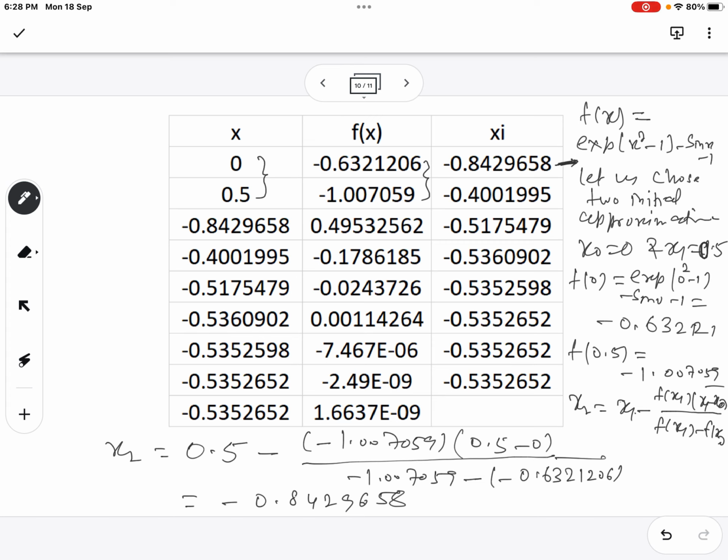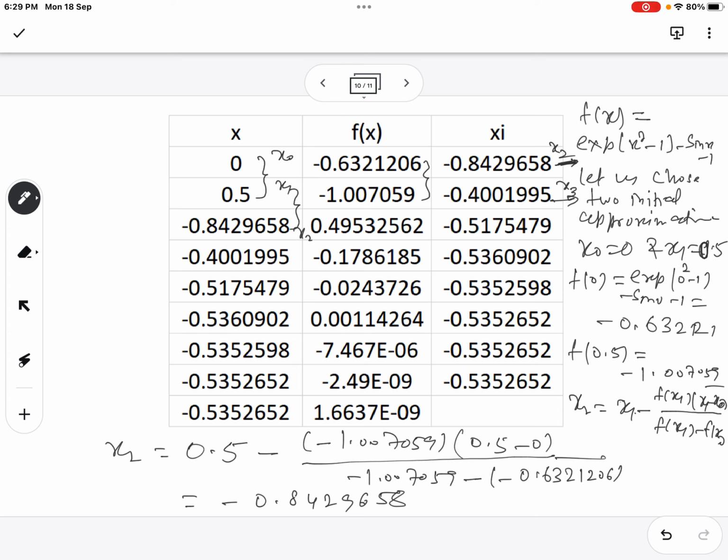Then we choose these two values, x1 and x2, and from here we get x3, and likewise we can obtain other values.